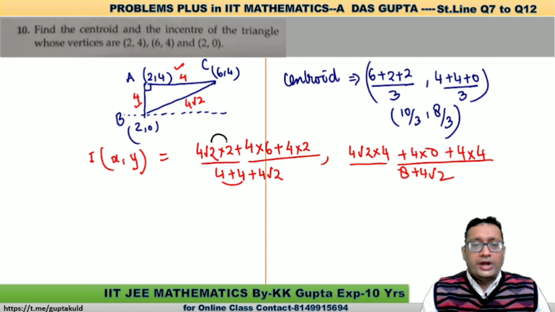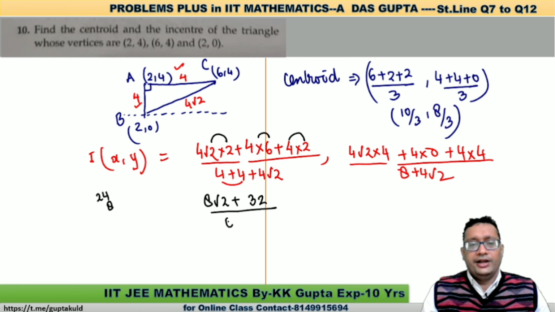So 4√2 and 2, this will become 8√2 and this becomes 24 and this becomes 8. 24 and 8 will be added, it becomes 32 divided by 8 + 4√2, comma, this becomes 16√2 + 16 divided by 8 + 4√2.